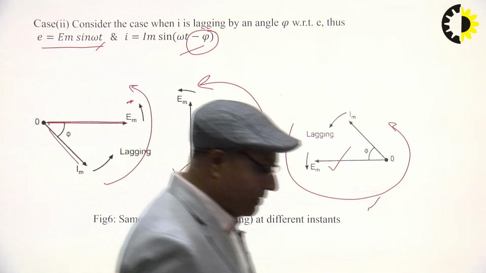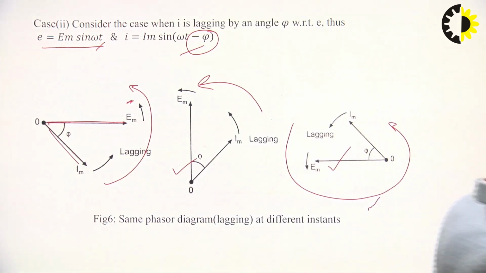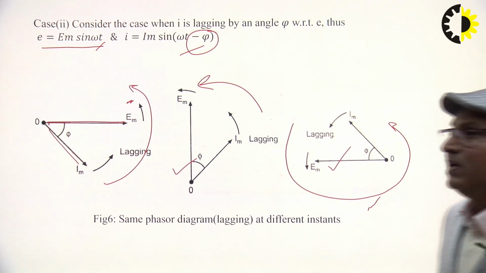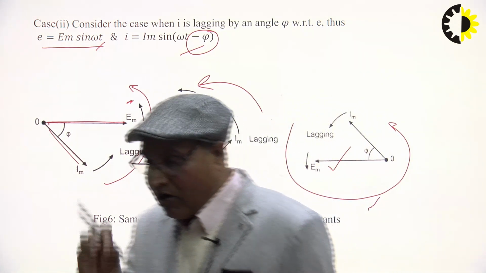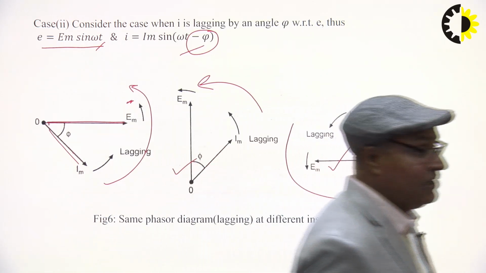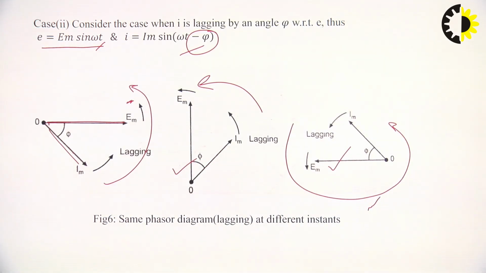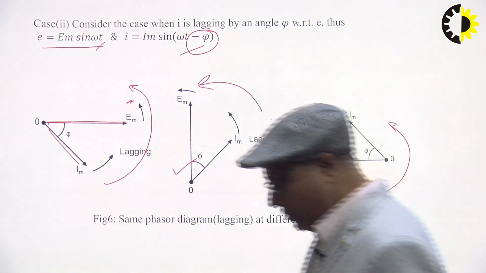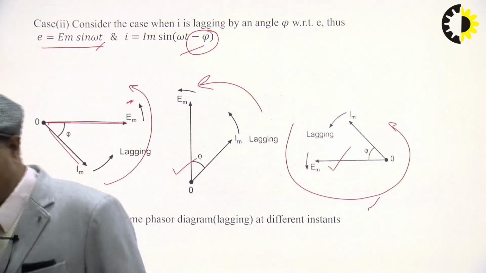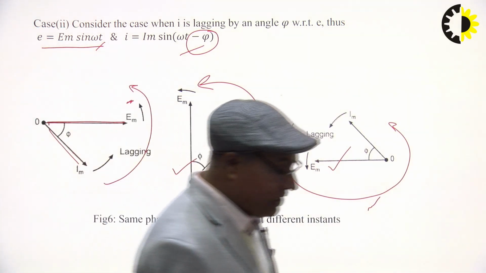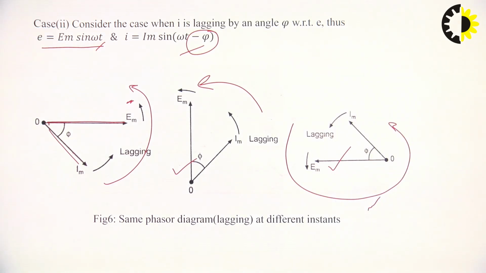The phasor diagram is nothing but a still picture of our phasors taken at a particular time, and when we take photographs at different times, their locations will be different. So this is the meaning of the phasor diagram. In this lecture we have discussed the meaning of phase angle, and the meaning of leading or lagging of AC quantities.